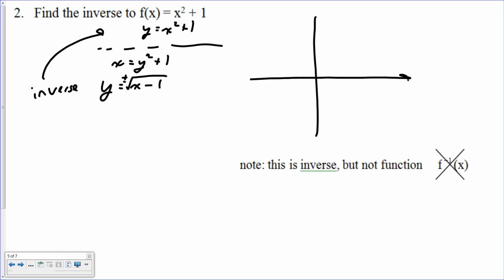So when I graph this, the first graph looks like this, because it's a parabola shifted up 1. And this point is going to be at (0, 1).